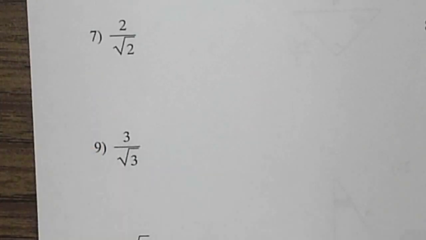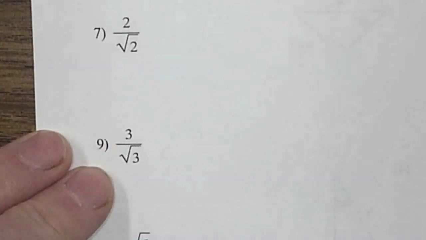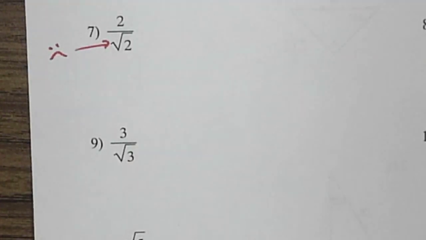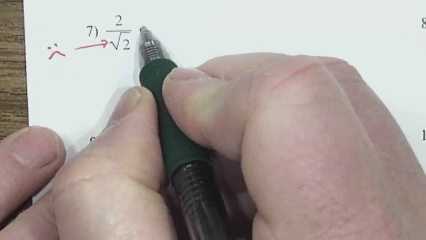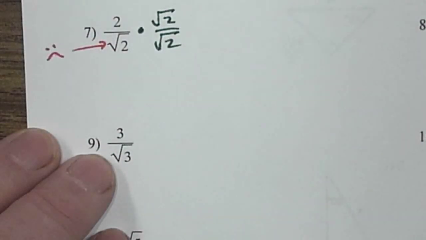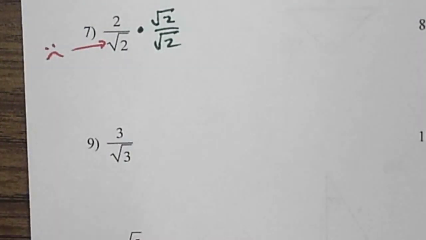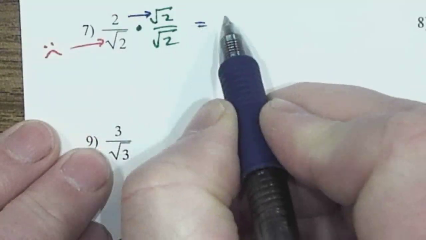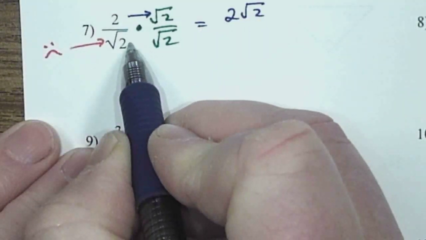Now, radicals are never allowed to be in the denominator. Okay? That's no good. So how do we fix that? Well, to fix that, you're supposed to multiply by the denominator over itself. Not the numerator. Numerator doesn't matter, only the denominator. We multiply straight across, we get 2 square root 2 up there.